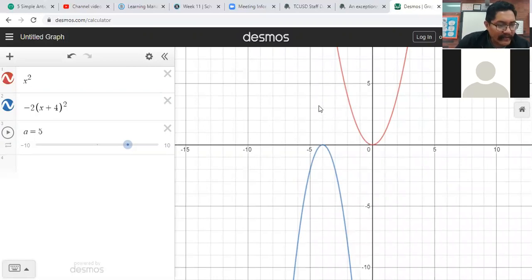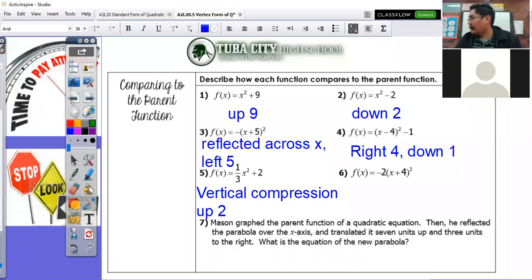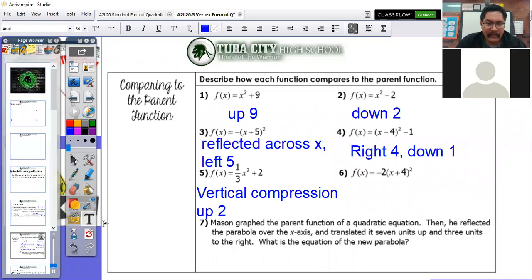And I think, is that right? -2(x + 4) squared, yeah, that's right. So it's moved to the left and has been reflected across the x-axis. Reflect.